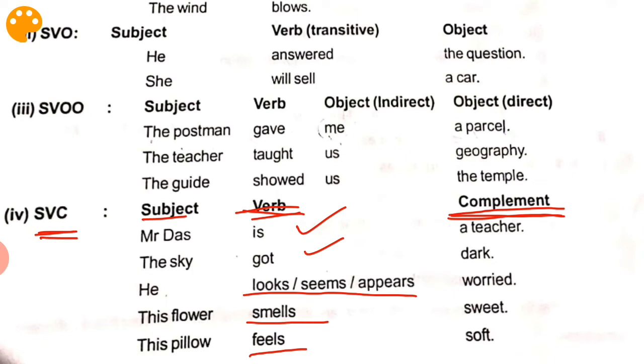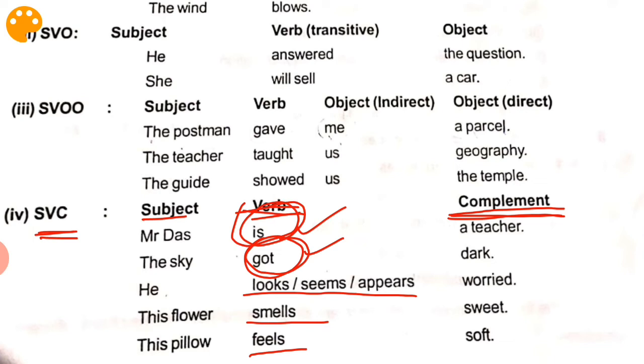So when a be verb is used as a main verb or a link verb is used, at that time we can easily identify that the declarative sentence is in the SVC pattern.